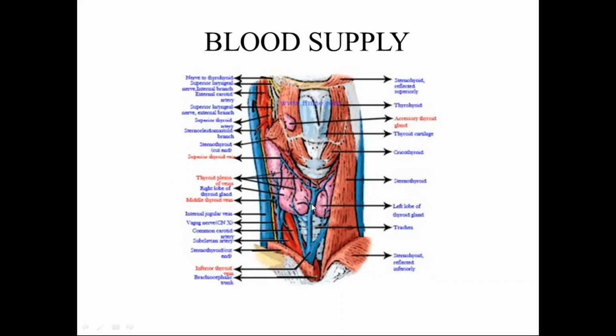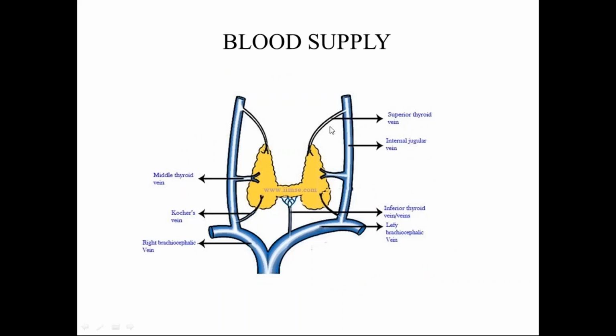Then we have venous drainage. Venous drainage is also by three veins. One is superior thyroid vein, this is inferior thyroid vein, and this is the middle thyroid vein. Whenever we are doing thyroid surgeries, we need to be very careful about the middle thyroid vein.